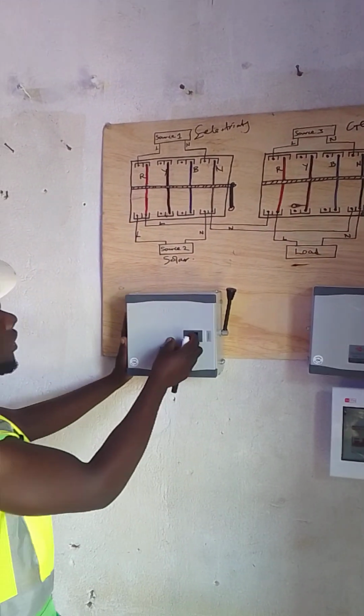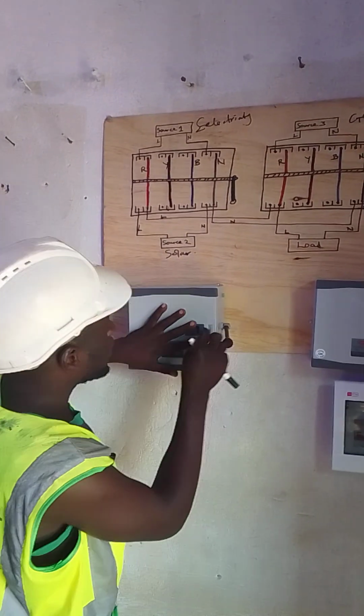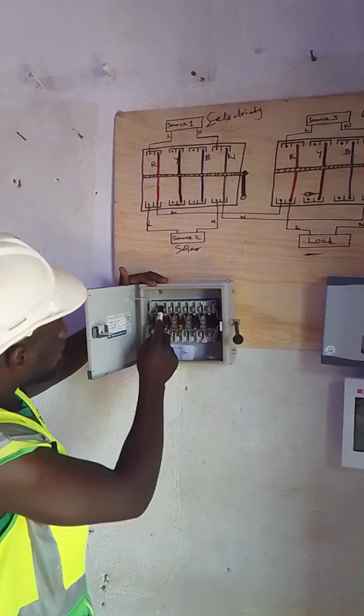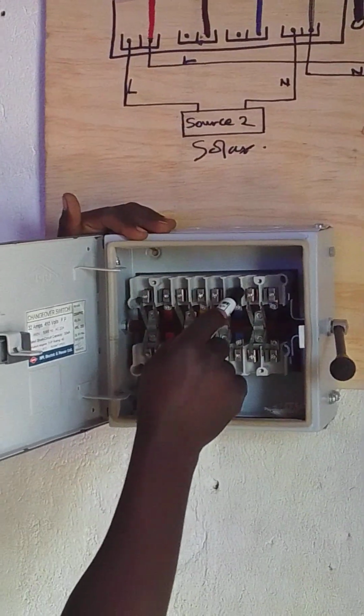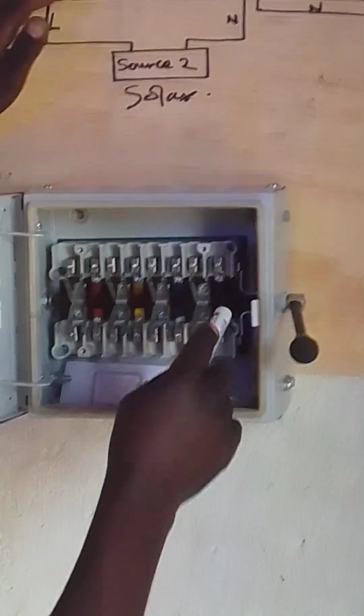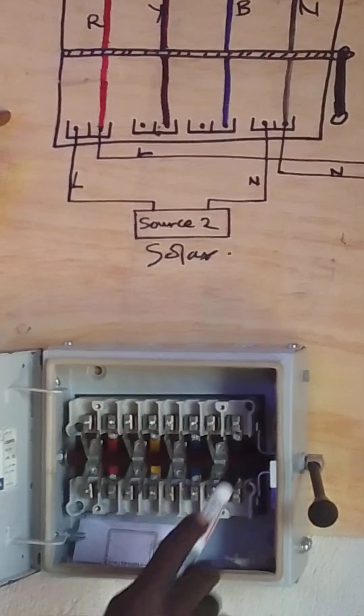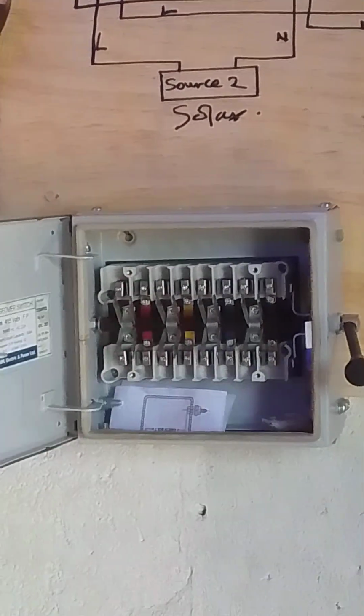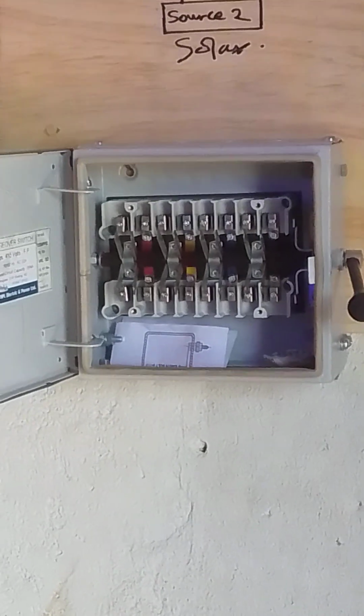From here, if you look at this, we have our red, yellow, blue, and black, the neutral. Also here we have red, yellow, blue, and black, the neutral. So you can see the connection here, as I explained in the past video.